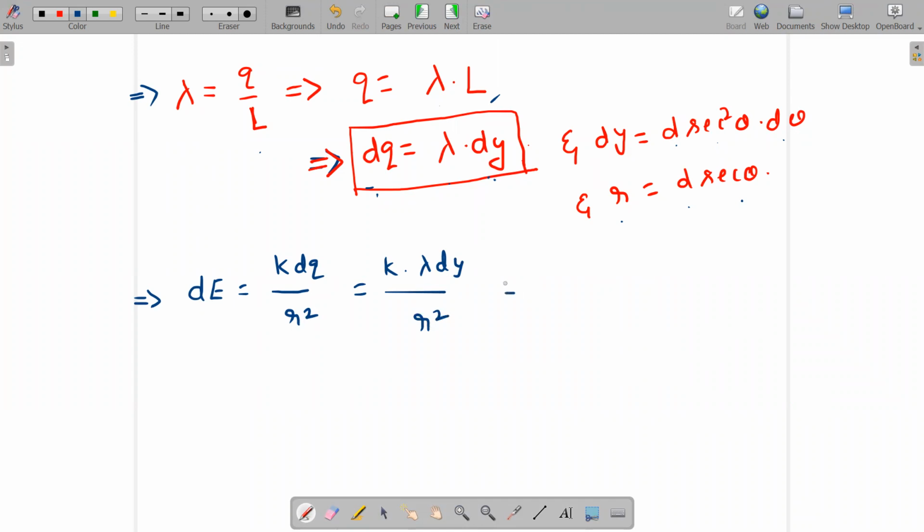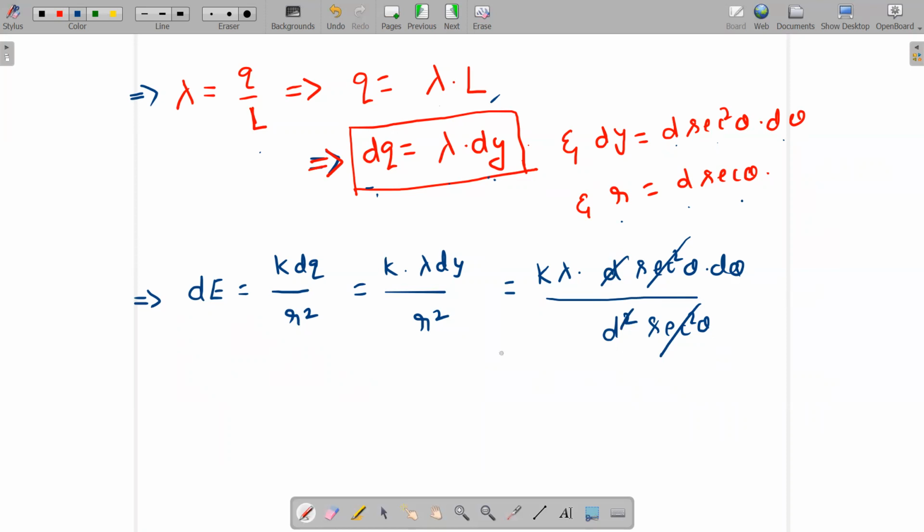Now let us substitute all the terms here. K lambda dy is d into sec square theta d theta divided by r, where r is d sec theta, so r square becomes d square sec square theta. So here sec square theta cancels out and one d gets cancelled out.